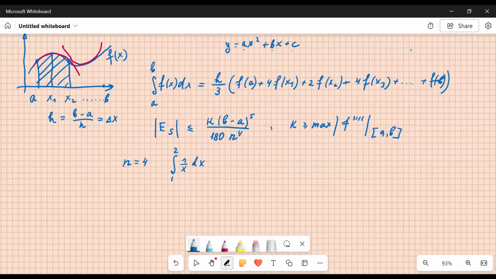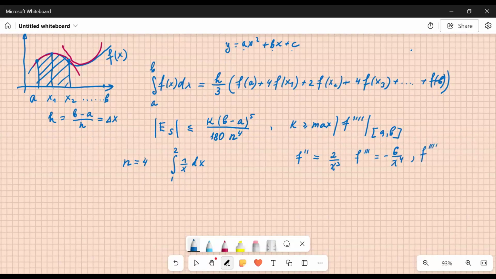So what do we need to know here? We know everything for the formula. We just need to figure out what k is. K is a fourth derivative, right? We already know that the second derivative of 1 over x is going to be 2 over x cubed, right? The third derivative is minus 6 over x to the power of 4.